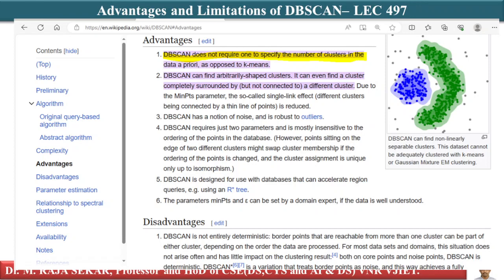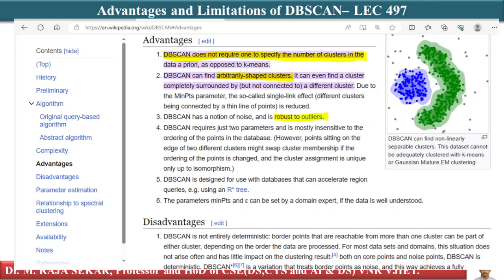This is a big advantage for DBSCAN. You don't have to tell the number of clusters, just like in k-means. You can get arbitrarily shaped clusters, as we just discussed. It is robust to outliers and noise.